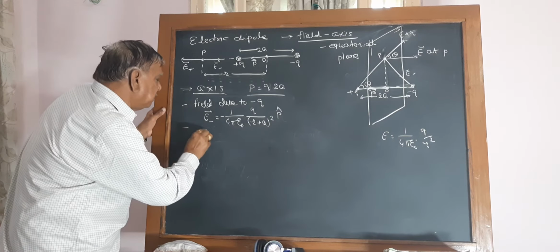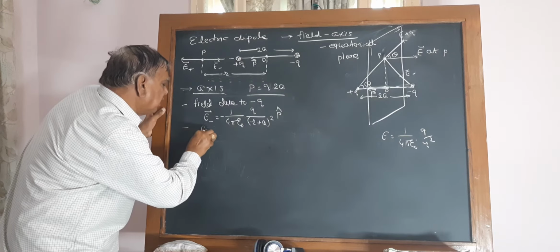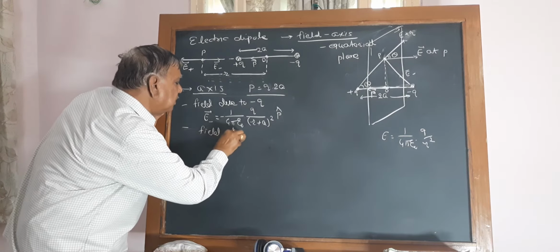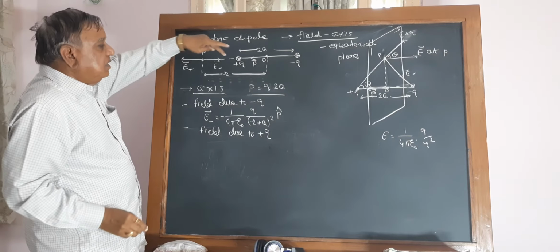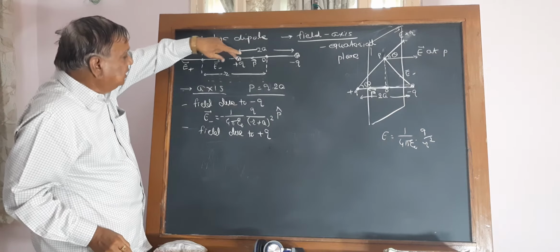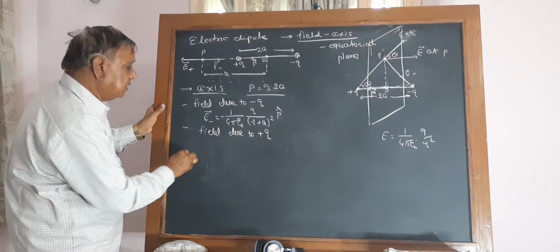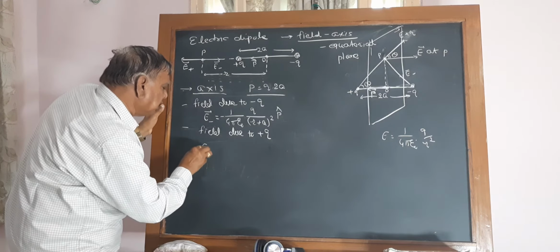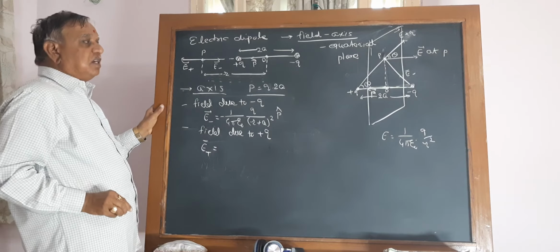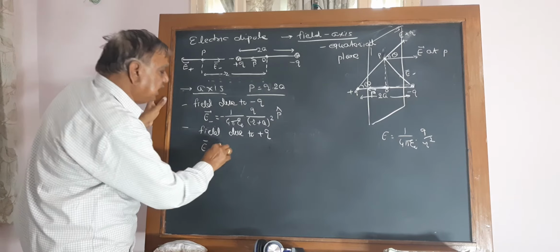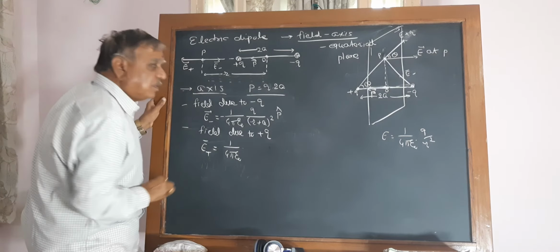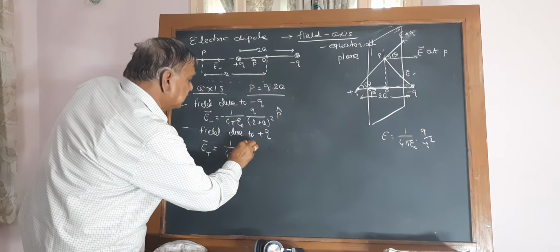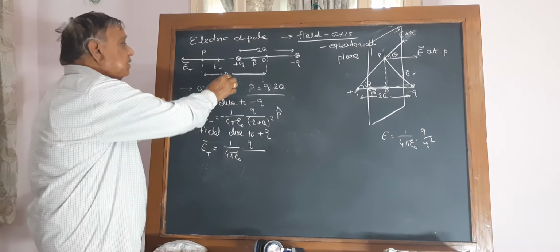Now the field due to plus q, E plus: again 1 upon 4 pi epsilon 0, charge q by distance.